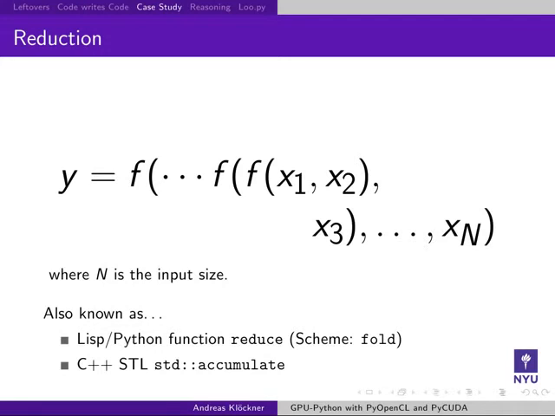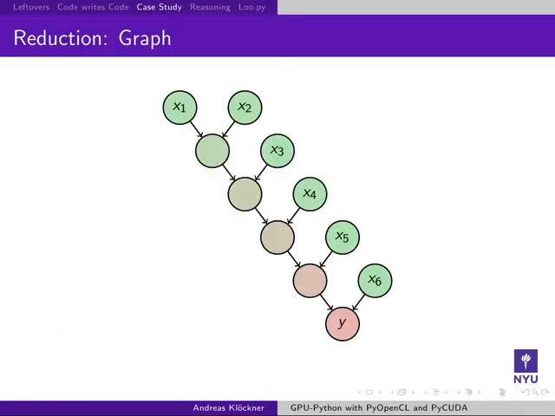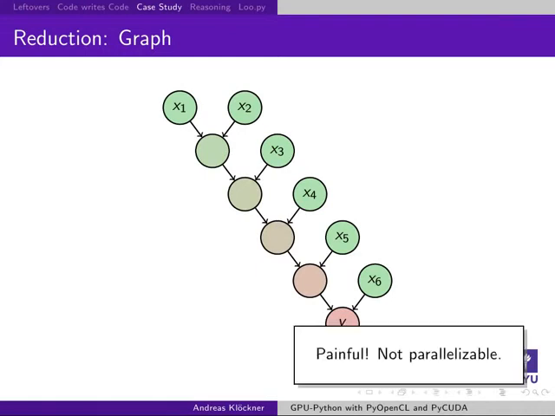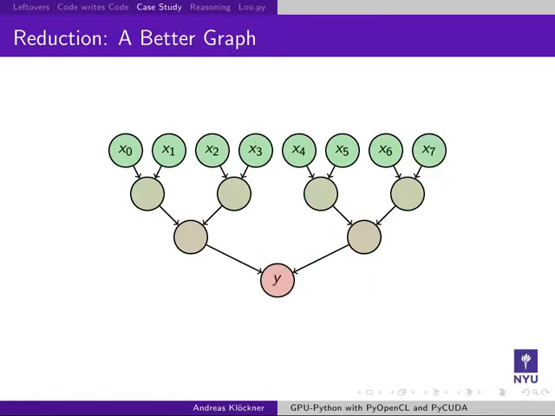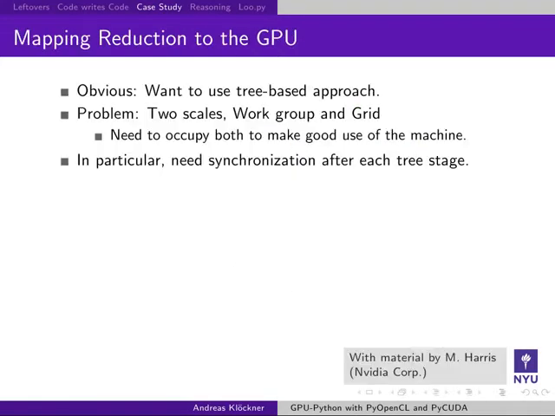All the same thing. What does it look like as a tree? Yeah, well, you can guess that. By virtue of associativity of the binary operation f, we go to this type of tree, and that's what we'll try to implement. How do we implement that in CUDA or OpenCL?